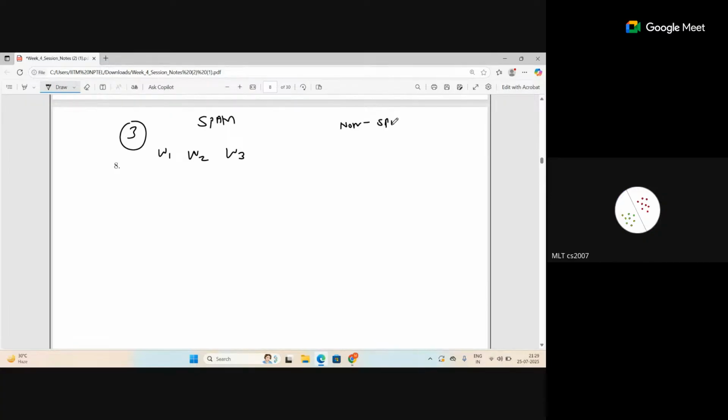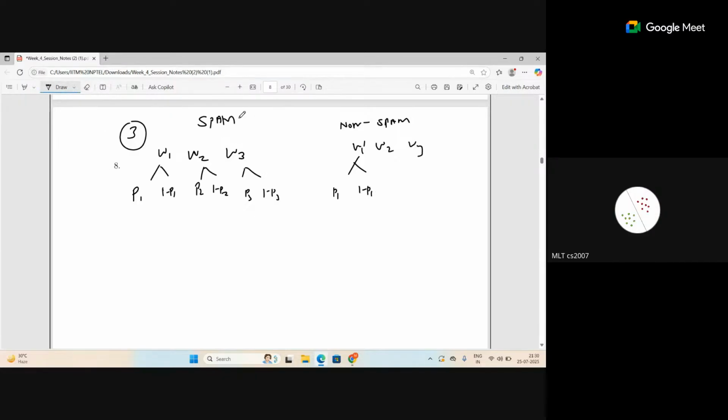And for non-spam? Again 3. Each will have p1 and 1 minus p1, p2 and 1 minus p2, p3 and 1 minus p3, and again p1, 1 minus p1 for the other class. What is the difference here?